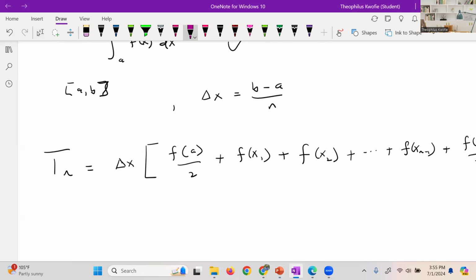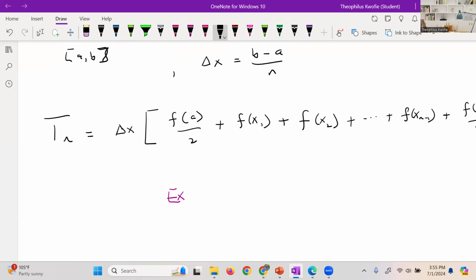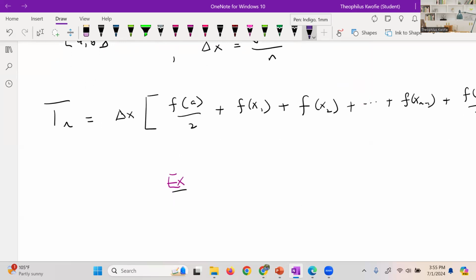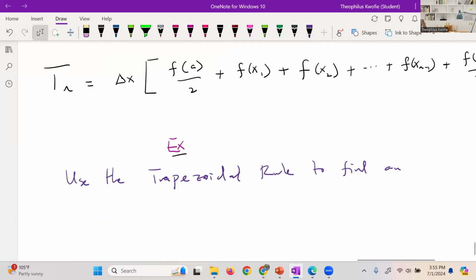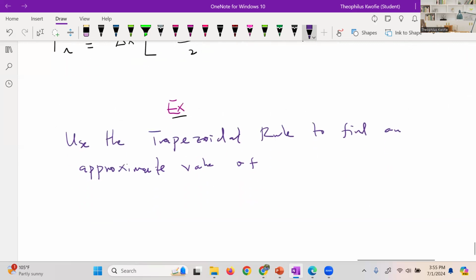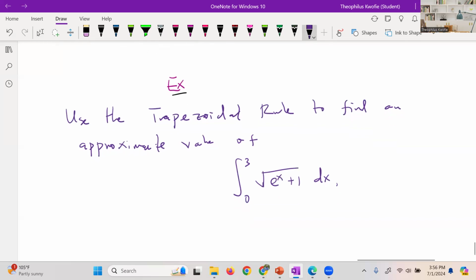Suppose we are given this problem. In this example, we are asked to use the trapezoidal rule to find an approximate value of the integral, using n equal to 6, in other words, 6 equal sized subintervals.